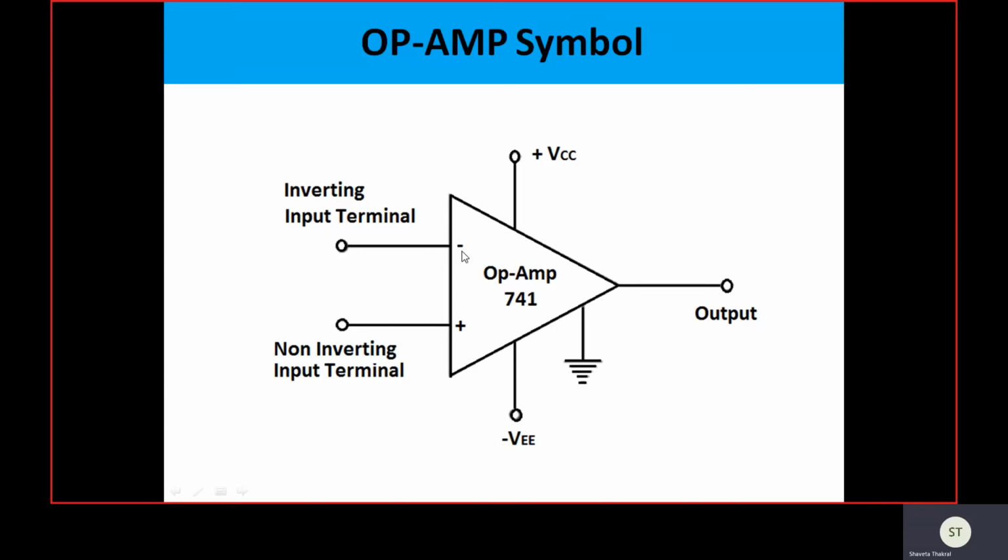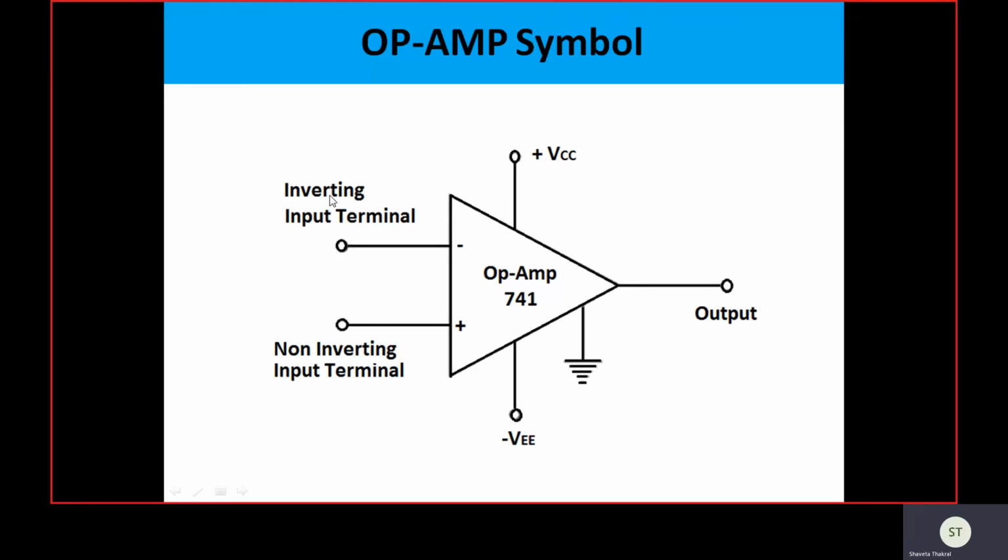One is designated as minus, called the inverting input terminal, and the other is designated as plus, called the non-inverting input terminal. The operational amplifier IC works on a dual power supply rail, plus VCC and minus VEE, and this is the output terminal, and the output is measured with respect to ground.